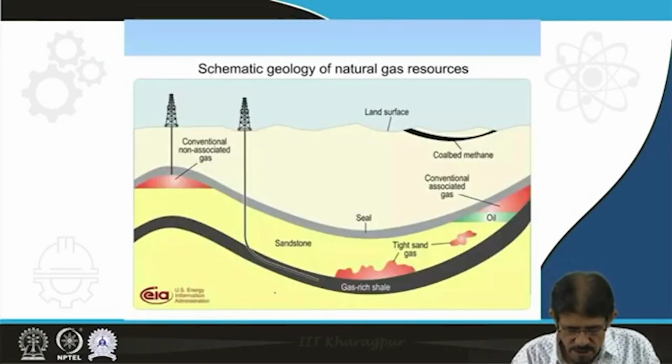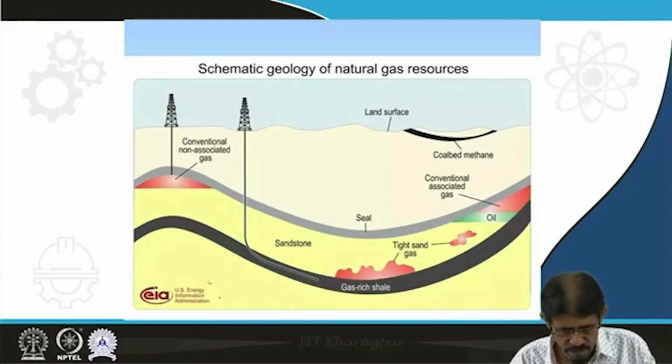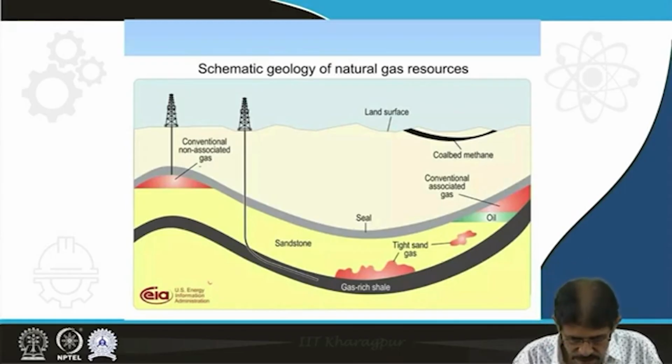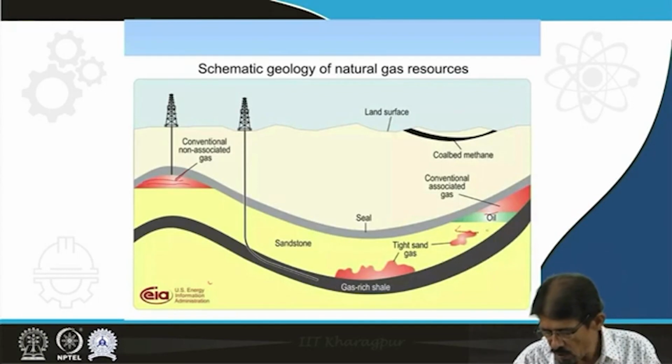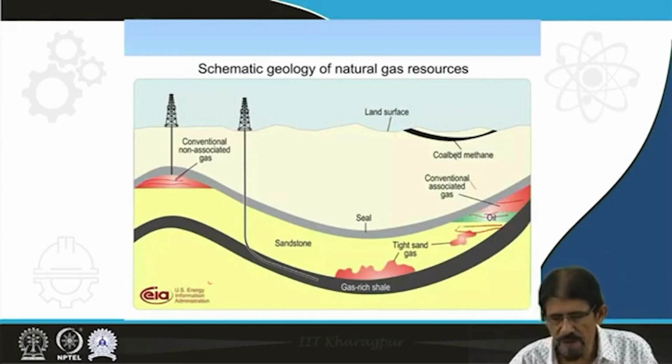As far as the geological concern, I have taken this from some net source, and the net source has taken it from the US Energy Information. Conventional non-associated gas and oil, you have an idea: water on the lower side, then oil, then gas, and in the conventional way we extract it. However, some unconventional resources are here.